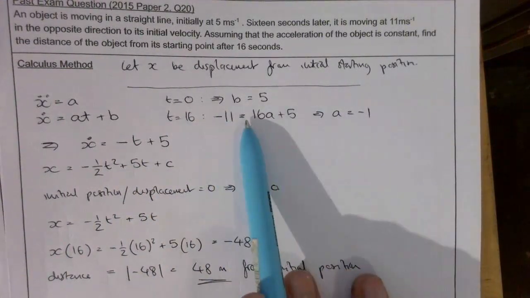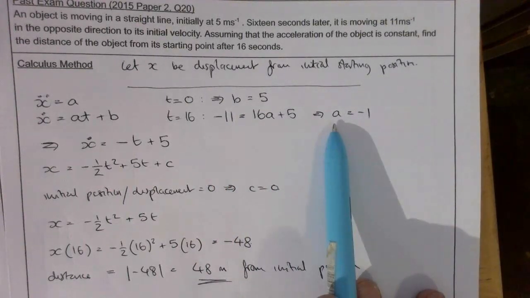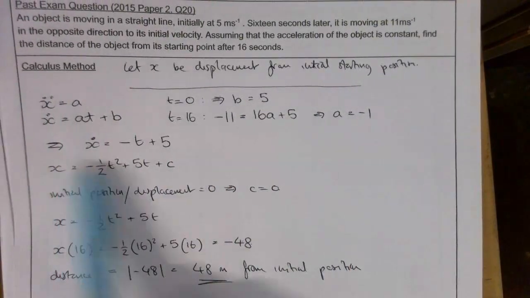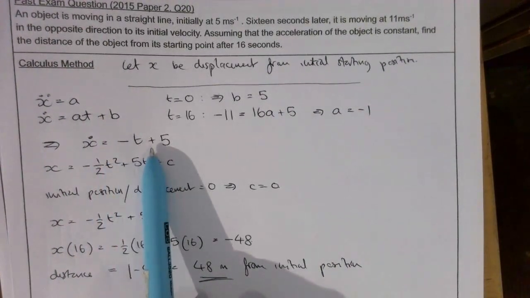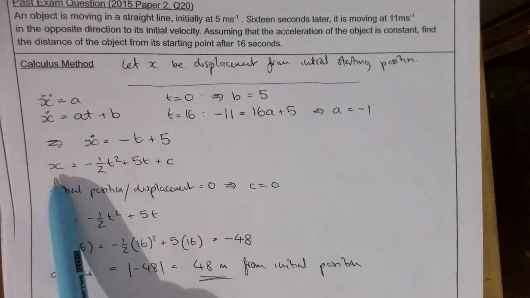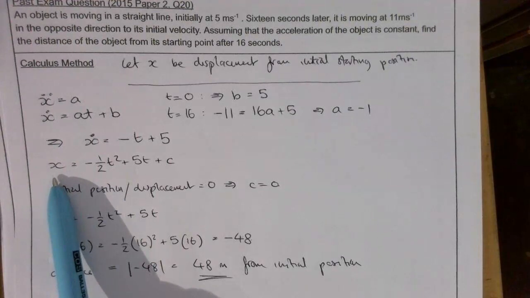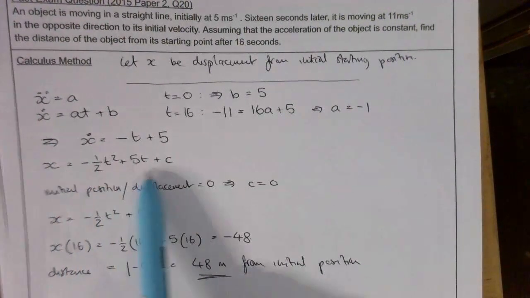So minus 11 equals 16a plus 5, and rearranging I get a equals minus 1. So this gives me a definitive expression for the velocity as minus t plus 5. And then integrating that again, I get an expression for the displacement, which is minus a half t squared plus 5t plus c.